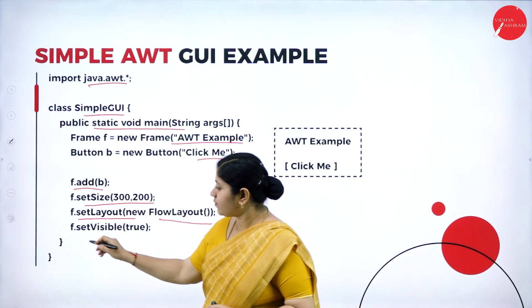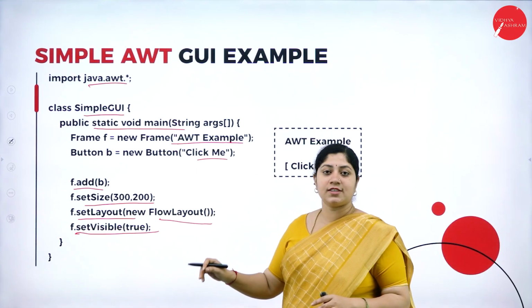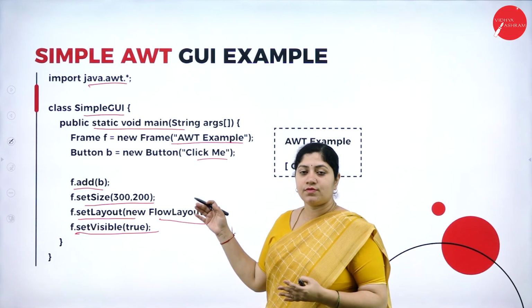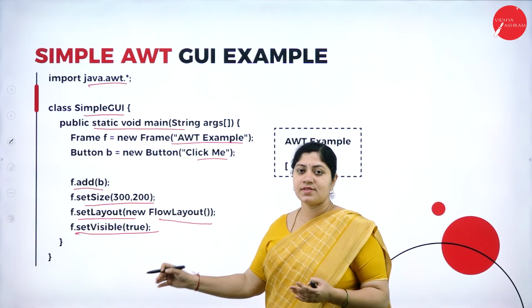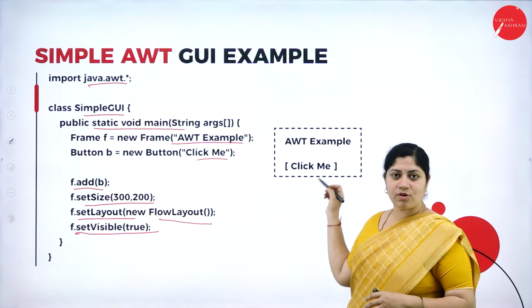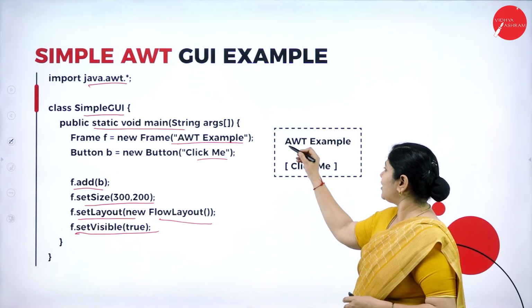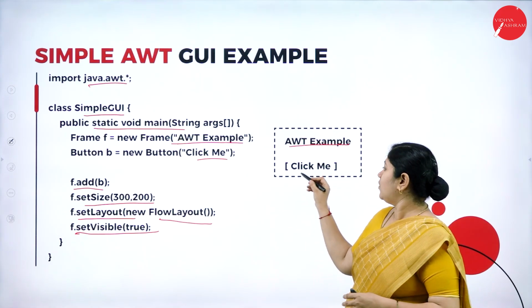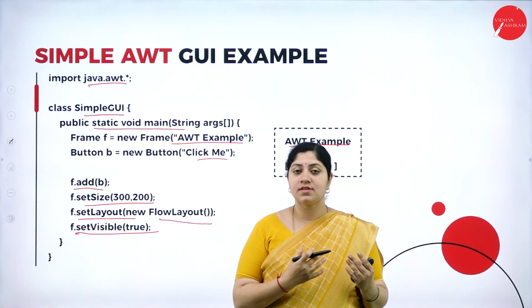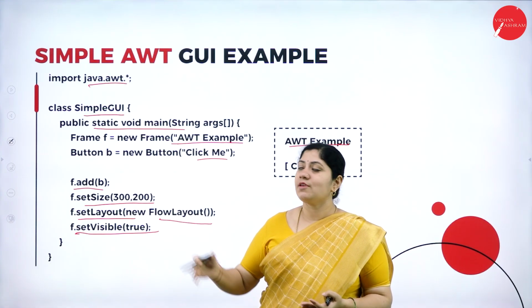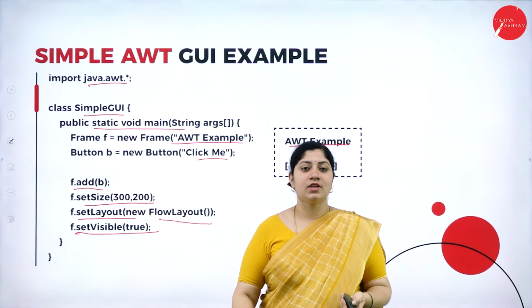All right, up next, we must ensure the last statement is f.setVisible(true). Once it is done, let's close the brackets, and after execution, we will get this GUI, a frame created with the title AWT Example and a button with Click Me. Thus, this is a simple GUI example built by importing the AWT library.